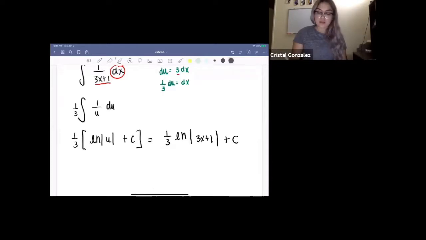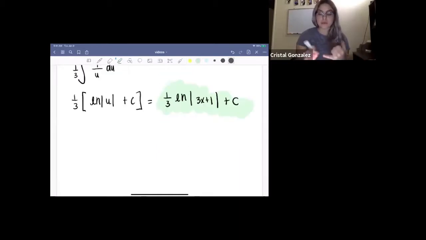And that's our answer. Okay, a few more, just introducing different functions, because we can apply u substitution to square root functions and to large powers. But it's also applicable for different types of functions, and we've seen different types before as well.